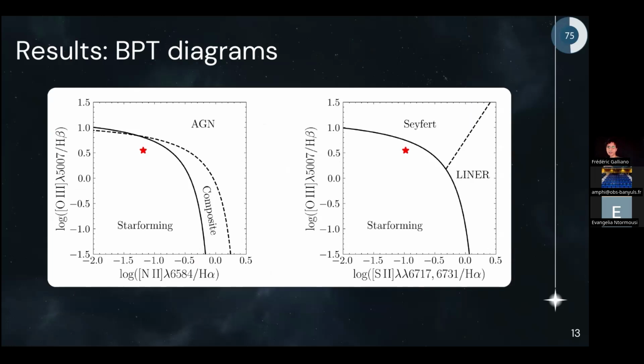Finally, using our flux ratios, we can also plot a BPT diagram, denoting the different regions that can be found in the Kewley 2001 and Kauffmann 2003 papers. We can see how our galaxy comfortably sits in the star-forming region in both cases.